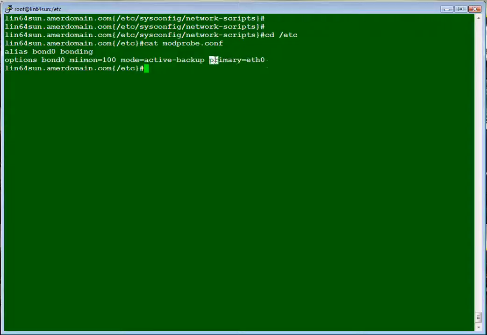And out of those two, which one is primary? You can say Ethernet 0, or if you like Ethernet 1 as primary, you can just mention it here. The machine will consider that particular NIC as the primary.